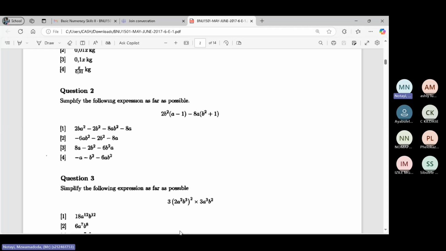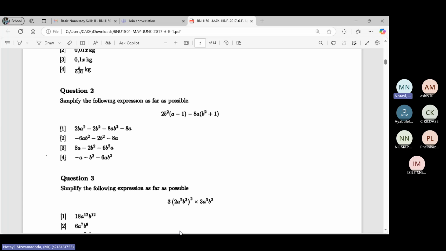Okay, we have 2b multiplied by a minus 1, minus 8a multiplied by b squared plus 1. So I said 2b squared multiplied by a minus 2b squared multiplied by 1.